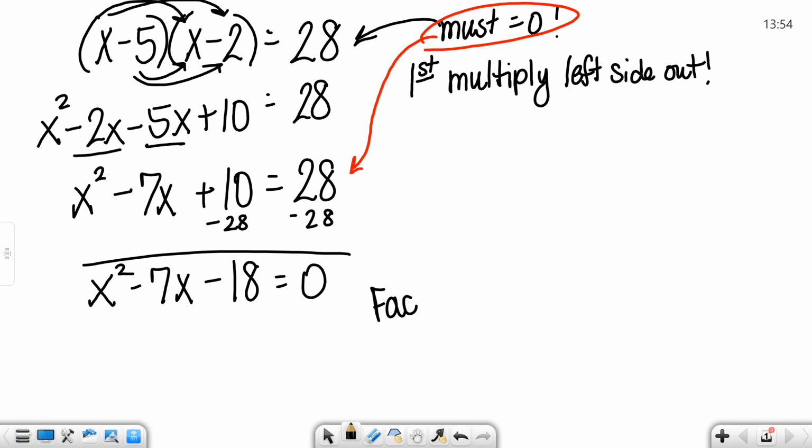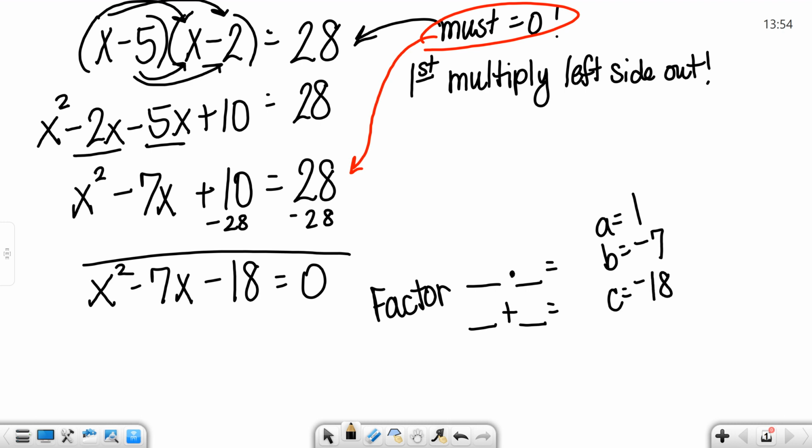Now I factor. There is no greatest common factor. It is a trinomial. So we're multiplying two things to give me a times c. And those two things have to add up to be b. My a value is 1. My b is negative 7. And my c is negative 18.